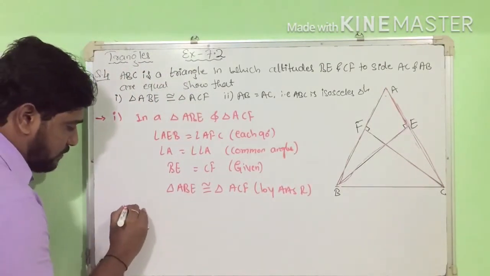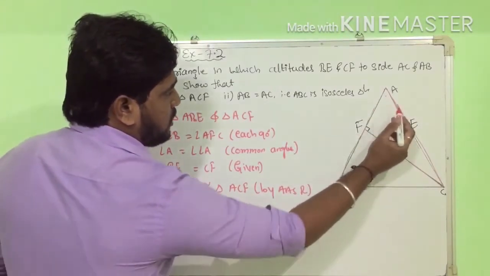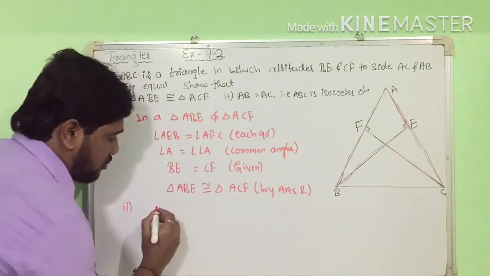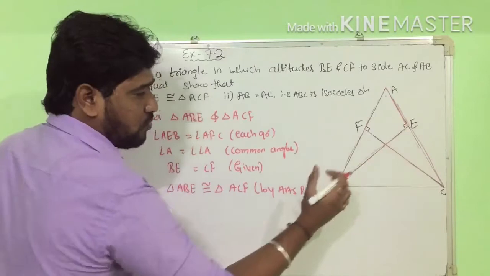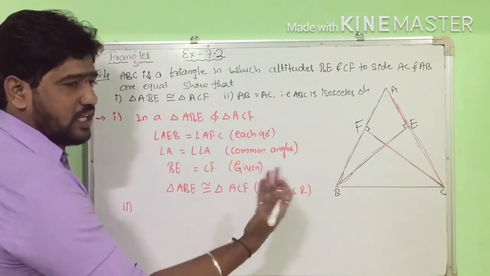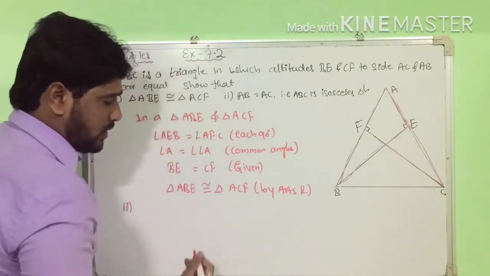Second one: we want to prove AB is equal to AC. Already we proved these two triangles are congruent to each other, which means their corresponding parts are equal. That is, AB is equal to AC by CPCT.